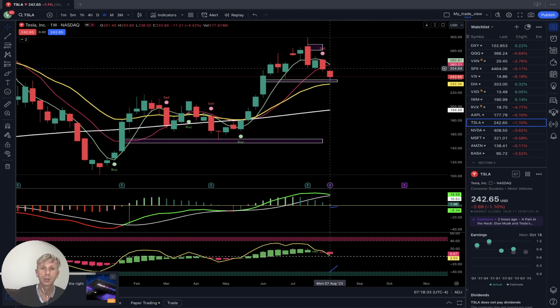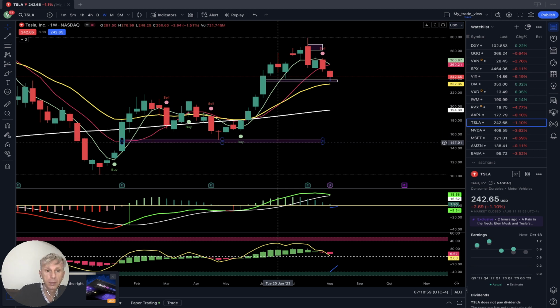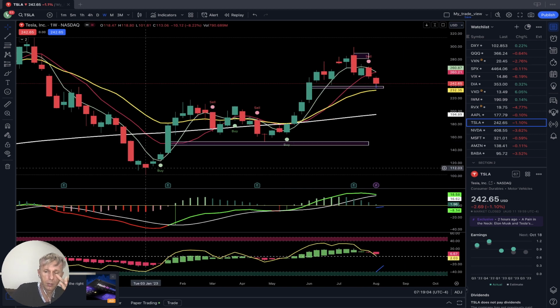But before getting to this gap, you have support around the 200 level, and SMA 200, and another support around $160 to $170, and 150 is the gap, and make a double bottom, right? Tesla can make a double bottom around $100.